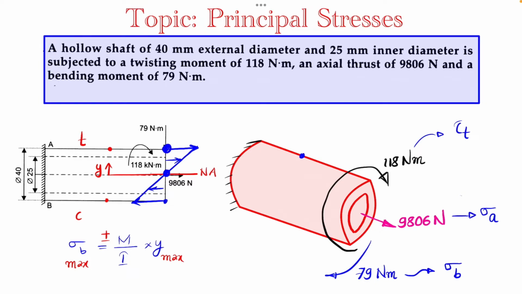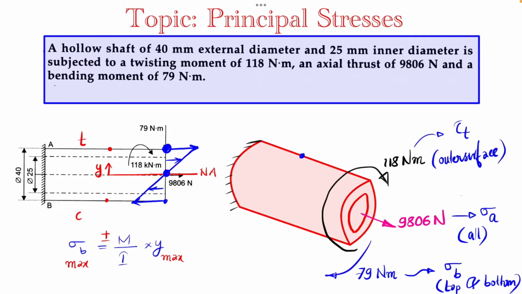For torque, all the outer surface elements are critical. For the axial load, all elements are critical. For sigma B, top and bottom elements are critical. By combining all three cases, we can take the critical element at this point.